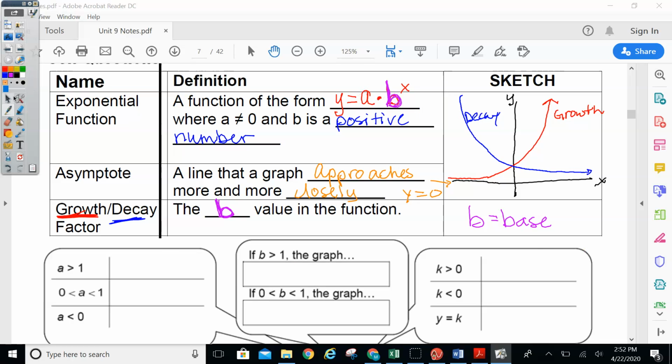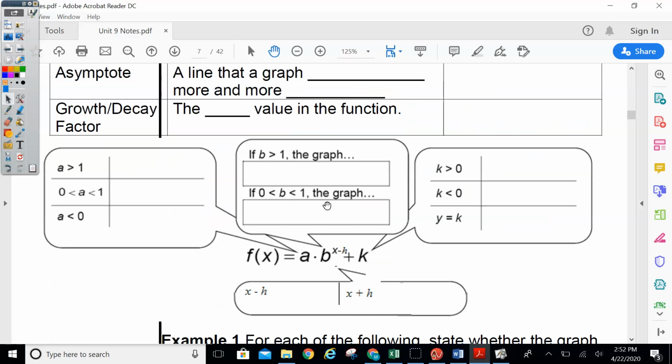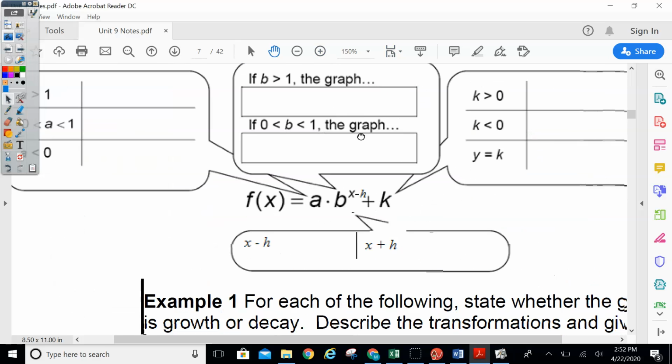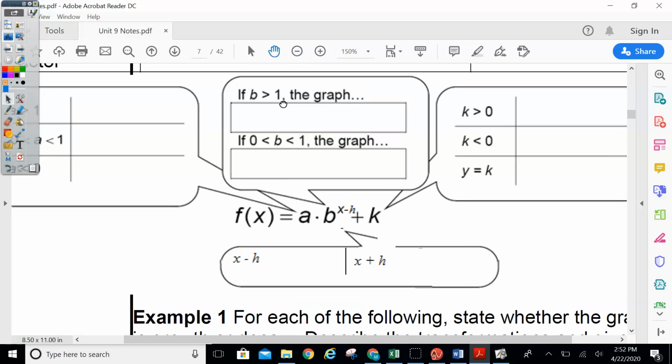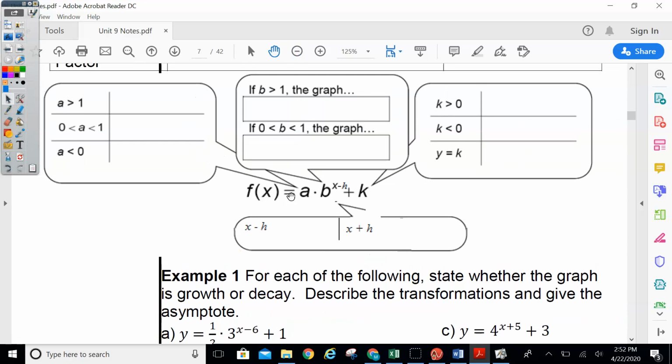Okay, so again, transformations, looking at the parent function. Here goes our general form, our transformation form. First you look at the base, which is the one right beneath the exponent. That's going to tell you if it's growth or decay.